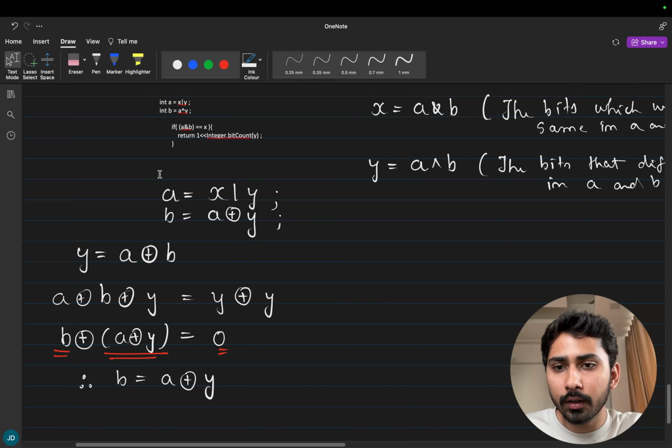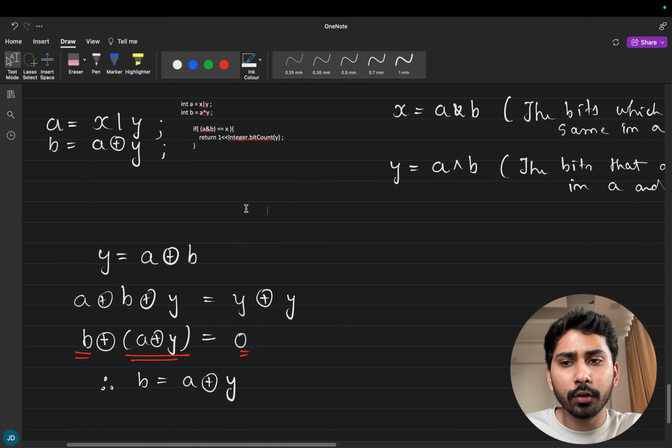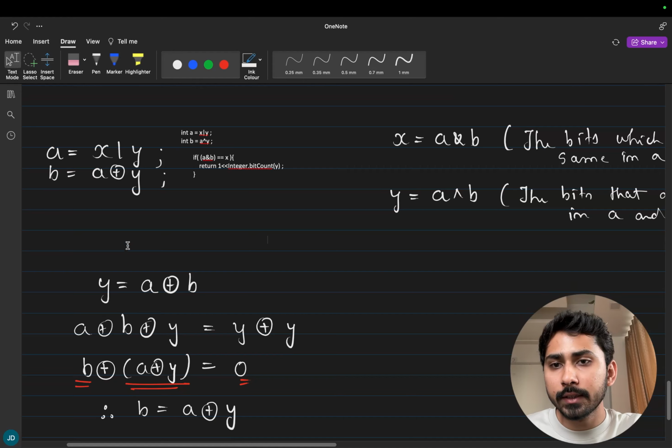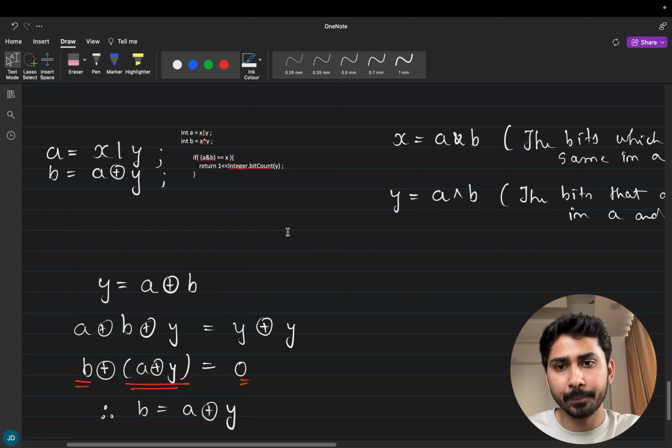Now I have found the value of a and b with the help of the properties of bit manipulation, that is XOR properties. And this is my a and b. Now I need to check whether this a and b satisfy the property of y as well. Basically, when you do a XOR b, you will be getting y, but you don't know whether this a and b will give you x or not.